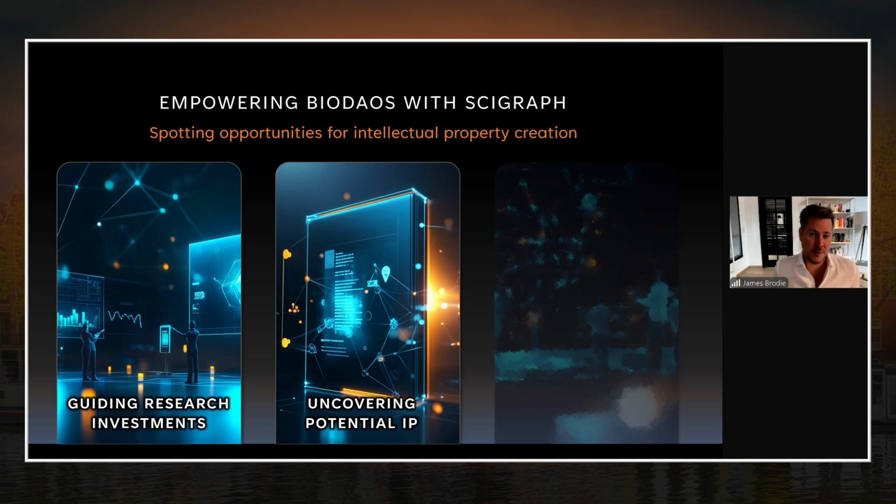Something I haven't mentioned about DeSci is that intellectual property and patents can be wrapped up in NFTs. And so the DKG is going to allow us to identify or uncover potentially really interesting intellectual property. It's going to assist the BioDAOs in spotting these opportunities for innovation, but what's important is also commercialization.